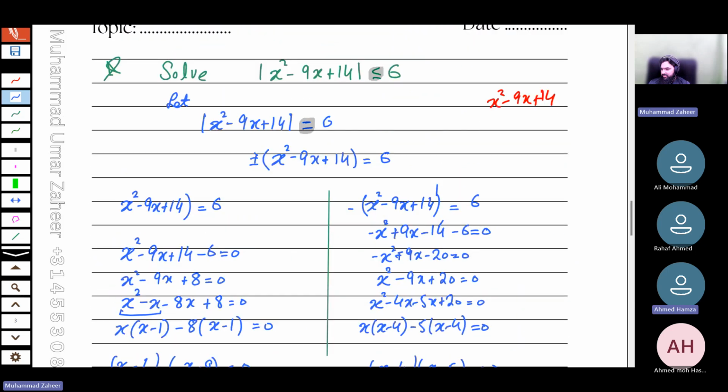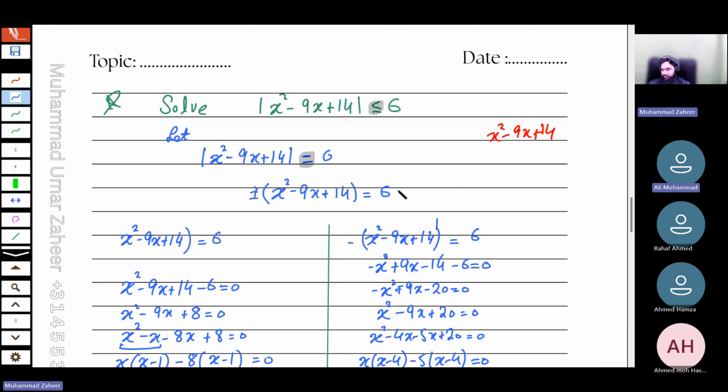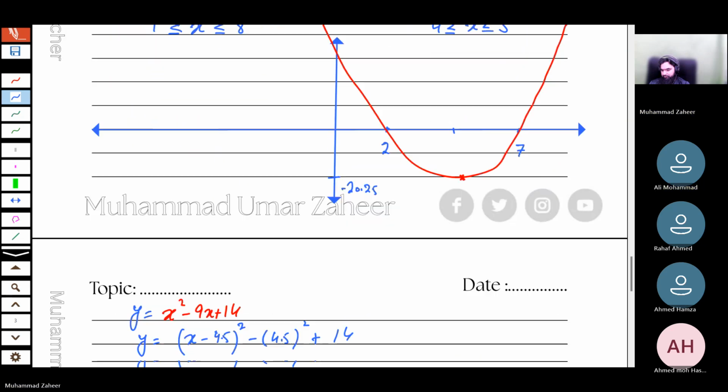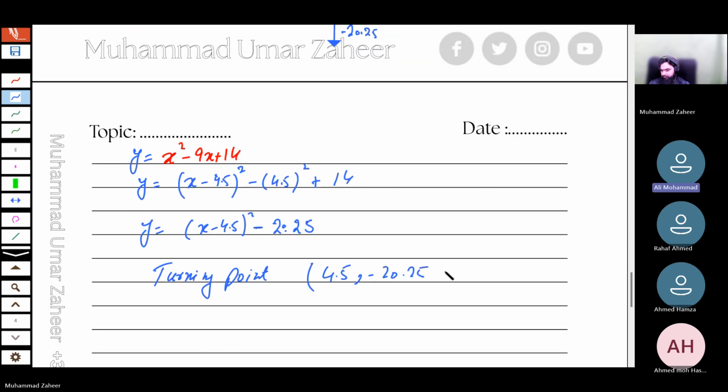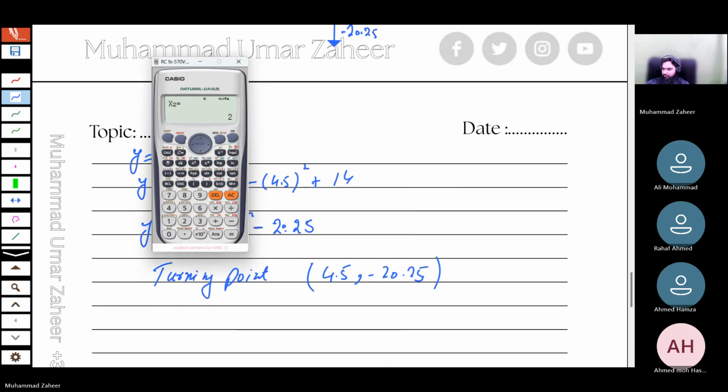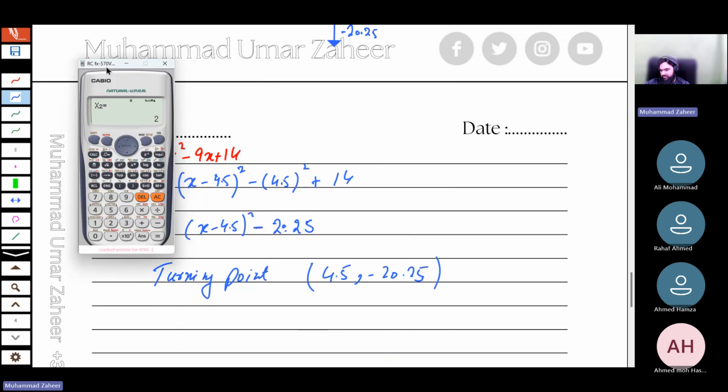Look here, he says that it is going to be lesser than or equal to 6. It's plus 14. 20.25 plus 14. Let me check by myself.